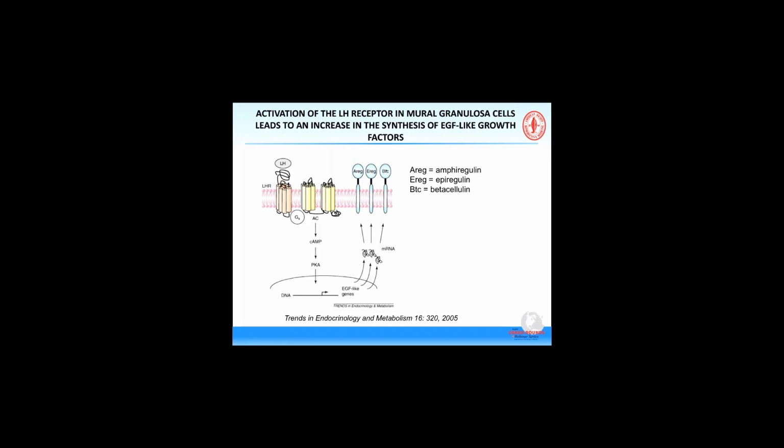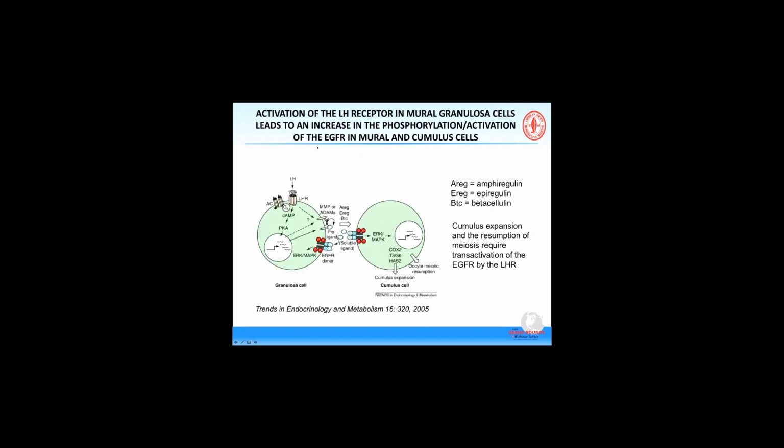That's amphiregulin, epiregulin, and beta-cellulin. This happens, of course, in the mural granulosa cells when LH activates the LH receptor. And this actually is important in the vectorial transfer of information from the mural to the cumulus cells, because cumulus cells don't have LH receptors, yet they have to, one way or another, respond to the LH surge.